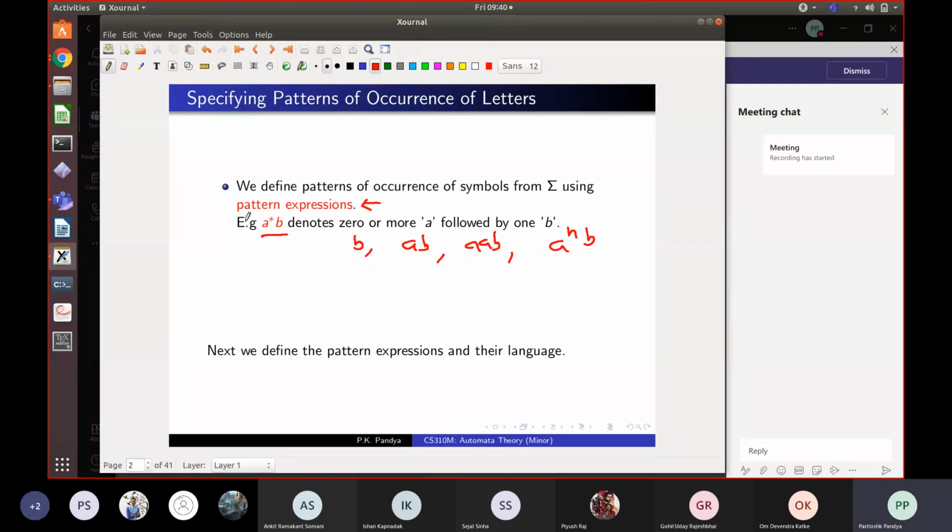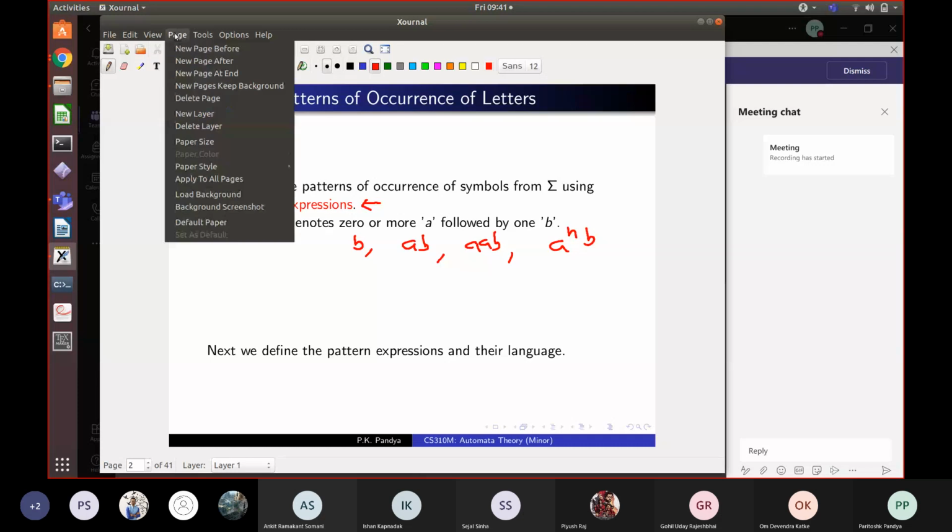So A star B was a pattern expression which defined this collection of words. It defined a language, right? We have been seeing this informally, but today we are going to define this formally. Okay. So is the intention of a pattern expression clear?